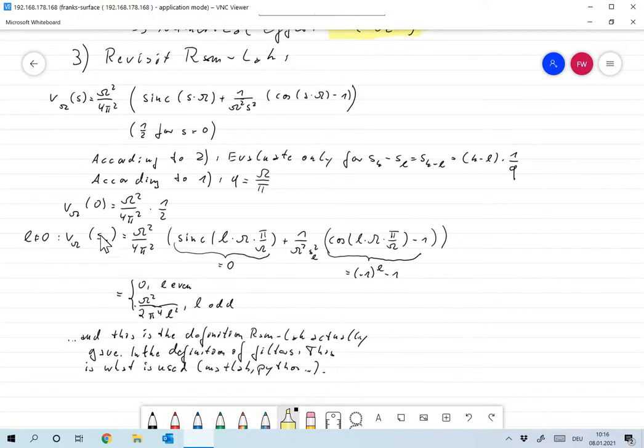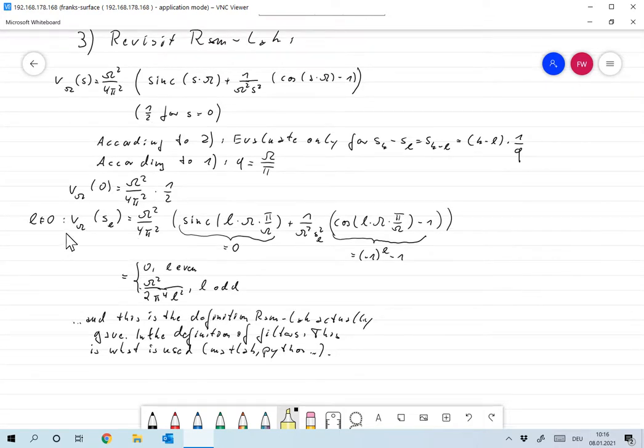So let's look at what that V omega of SL in fact is. First of all, we had already computed V omega of 0 is omega squared over 4 pi squared times 1/2. That was by using the continuity. Now let's look at what happens if L is not equal to 0. Well, that means that SL is L times Q, which means that S is L times omega over pi.